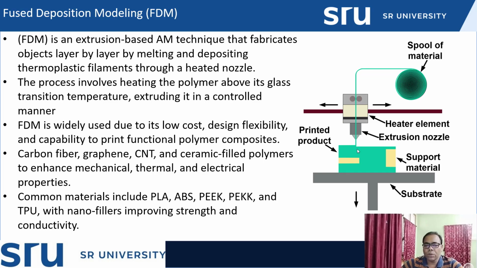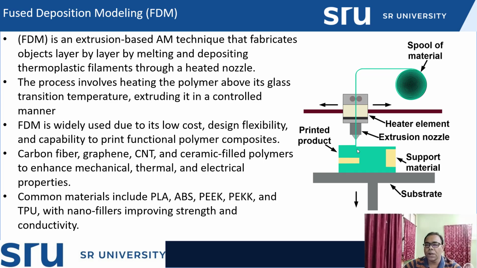So it is one of the widely used techniques due to its low cost, design flexibility, and its compatibility to print functional polymer composite material. Similarly, carbon fiber, graphene, CNT (carbon nanotube), and ceramic-filled polymers are used to enhance the mechanical, thermal, and electrical properties of the composite material.